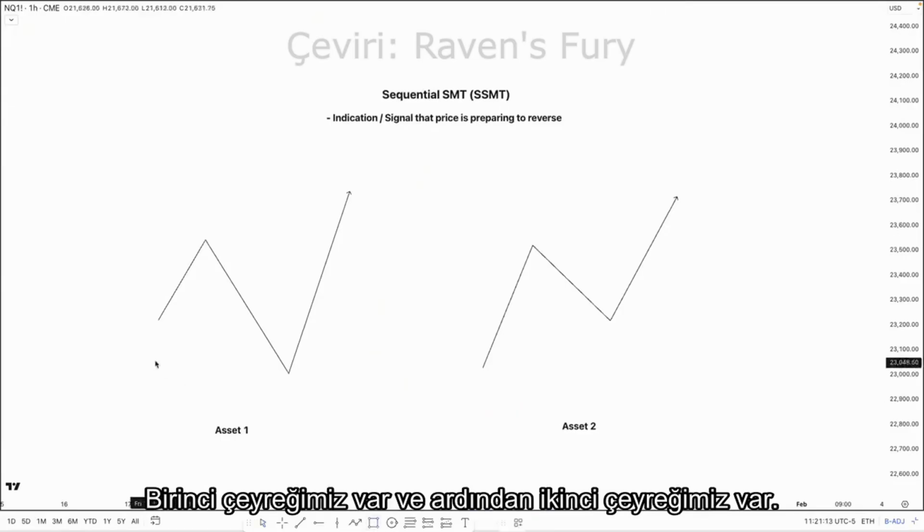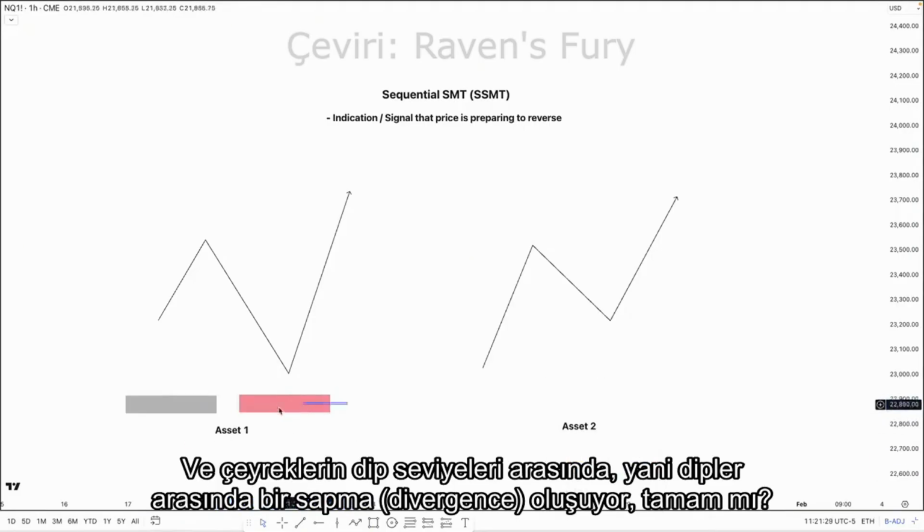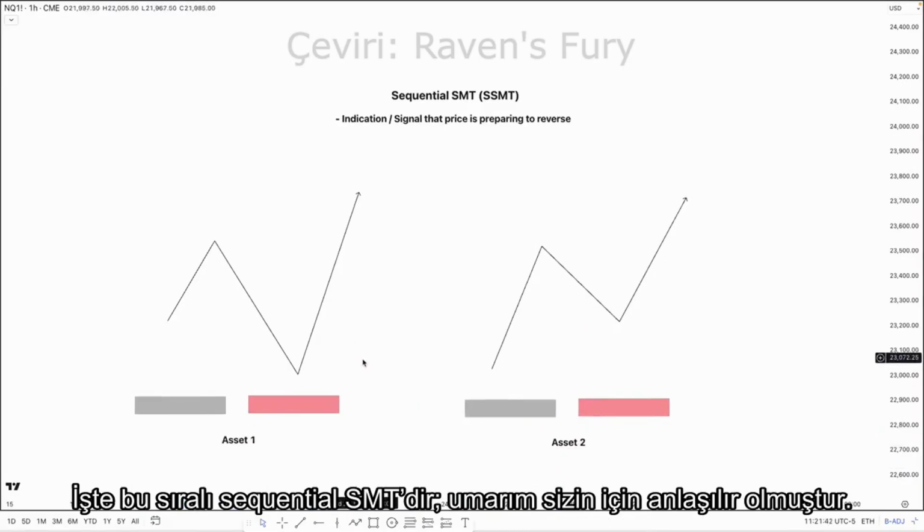Okay, and we will have our first quarter, and then we have our second quarter, and we have a divergence between the lows, but the lows of the quarters. Okay, and this is sequential SMT. Hopefully this does make sense for you.